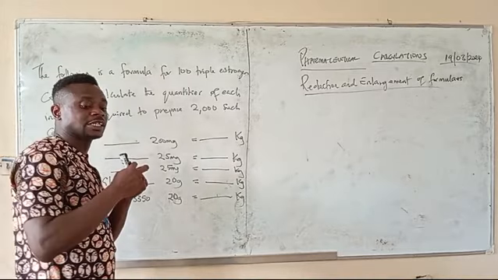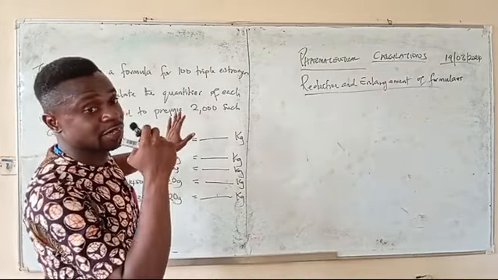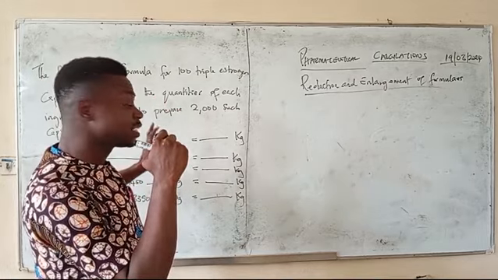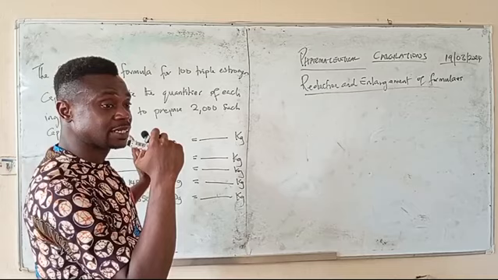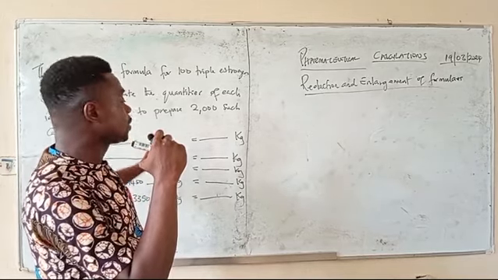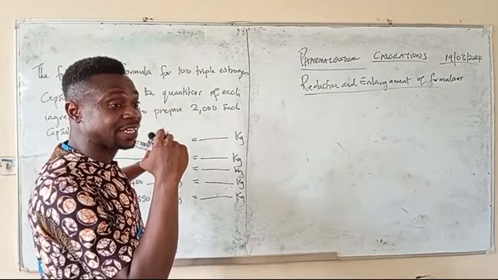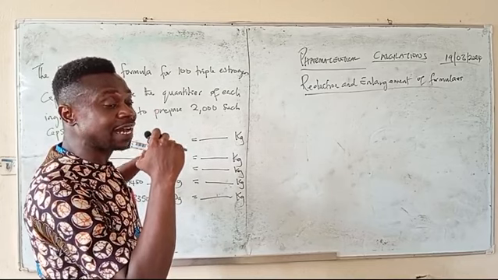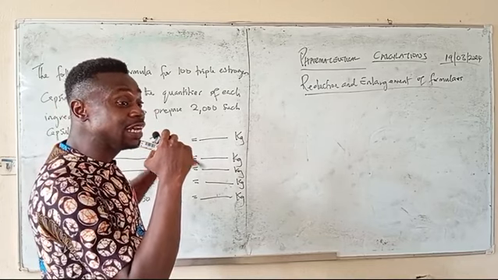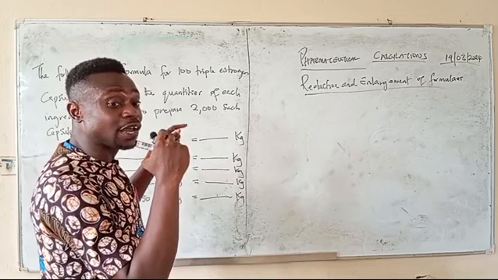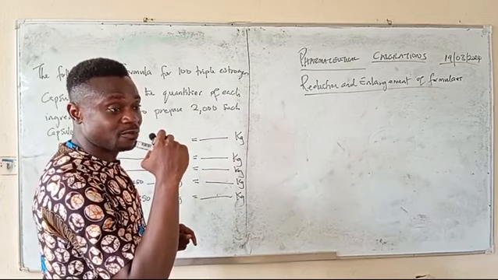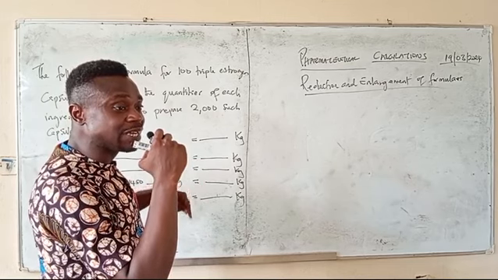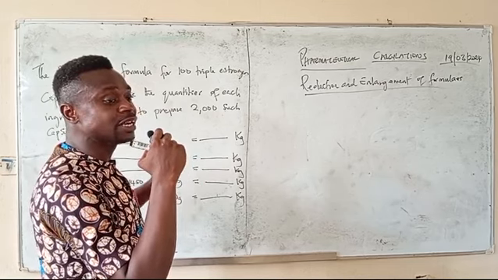This question has to do with reduction and enlargement of formula. But this question wants to test two things: your knowledge of reduction and enlargement of formula, and at the same time, your knowledge of intra-system conversion, where you move one metric unit to another.